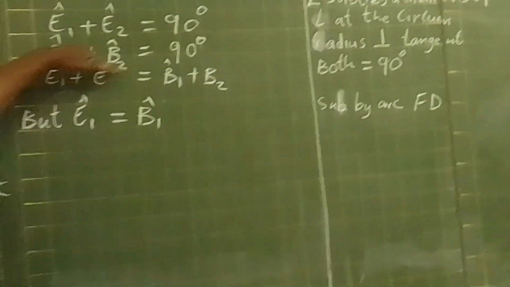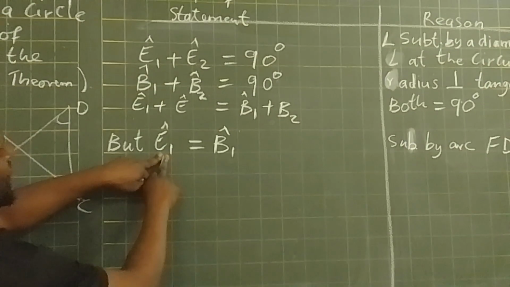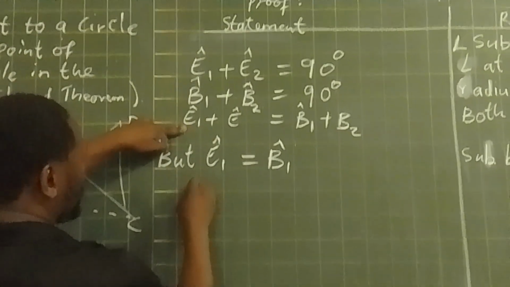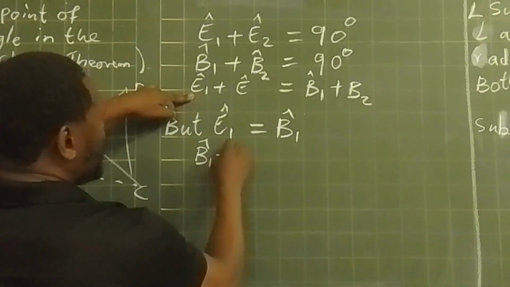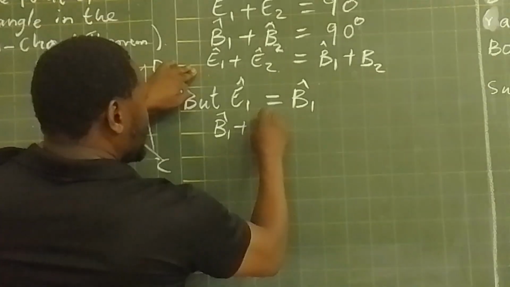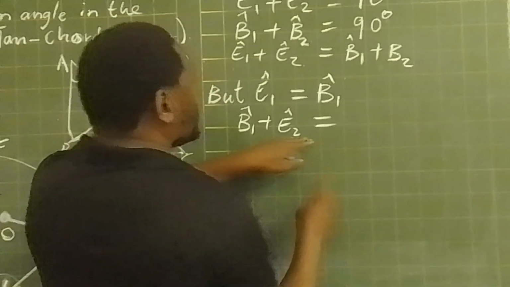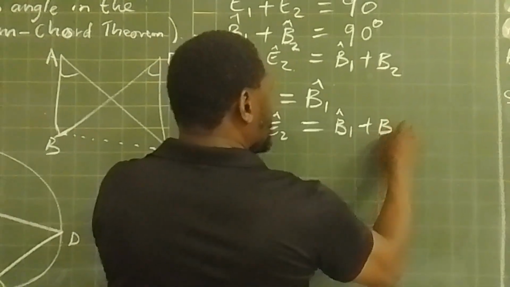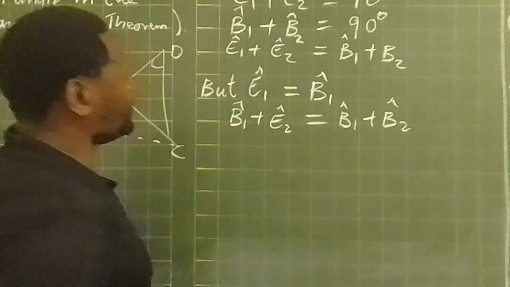Then you come to the statement here. Where you see E1, you put B1. You see E1, I put B1 plus E2 is equal to B1 plus B2.